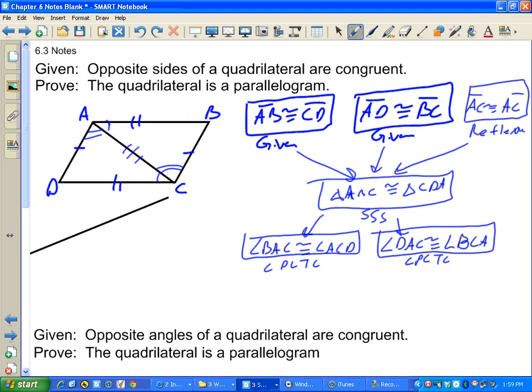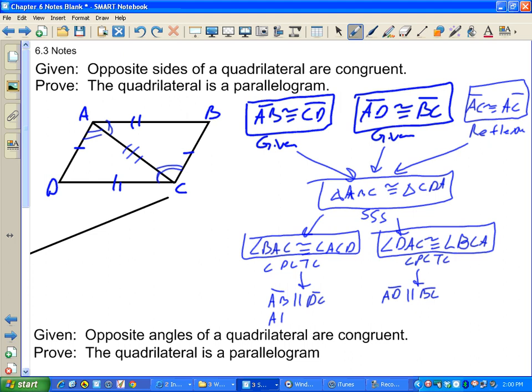So these angles here are alternate interior to the top and bottom lines. So that tells me that AB is parallel to DC. Here, these angles are alternate interior on the side lines. So that allows me to say that AD is parallel to BC.